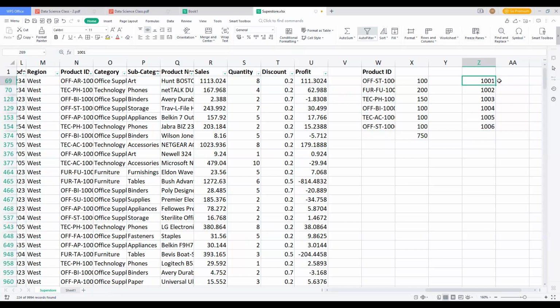For product 1001, we have the actual data, but this is one particular duplicate or copy of the reference. So 1001 means this product ID has sold 100 products, and this product ID has sold 200 products.